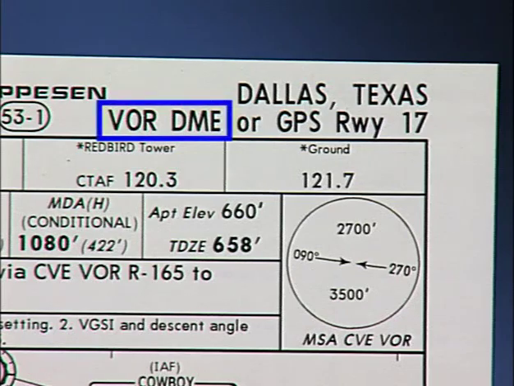In the case of a VOR DME approach, you would need VOR and DME equipment. However, if the approach is titled VOR DME or GPS, either VOR DME or GPS equipment can be used to fly the approach. Both are not required.